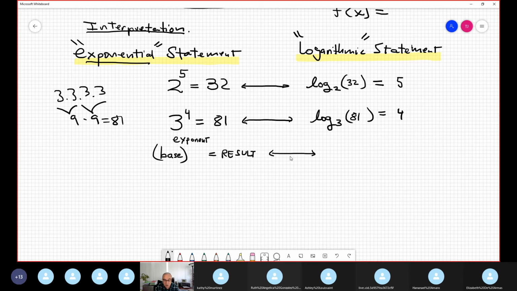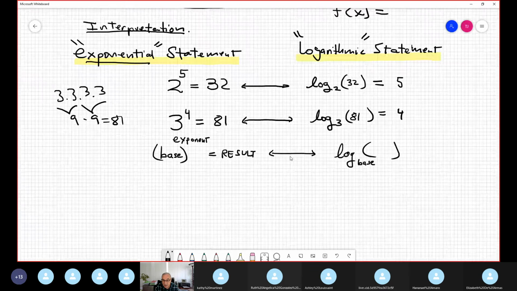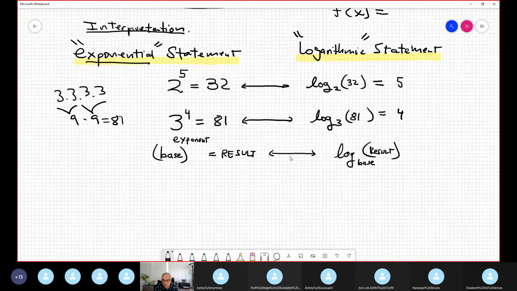When you switch into the logarithmic statement, you put the magic word, log, and the small number you put at the base is this number. And inside the argument, you put the result. Result of what? Of the hypothetical exponential statement. Equal exponent. The answer that the logarithm offers is the exponent. Super? Okay.